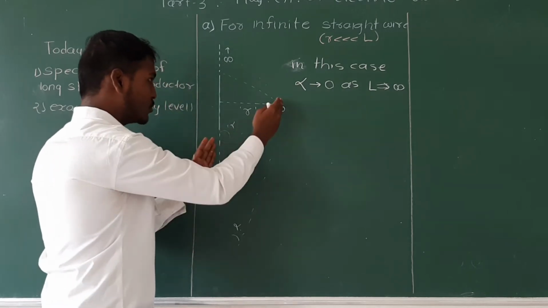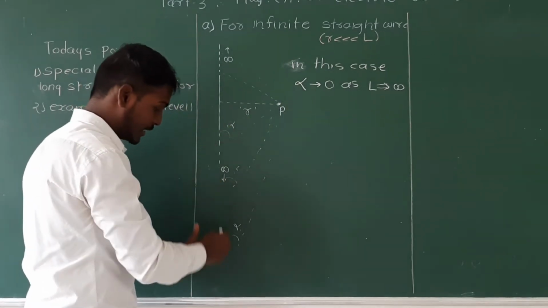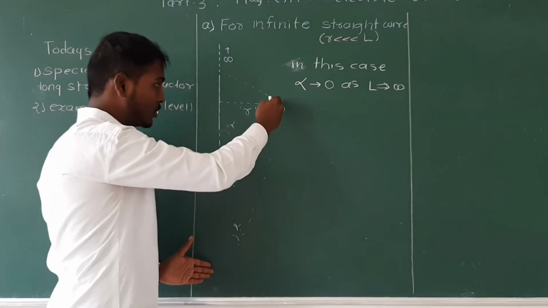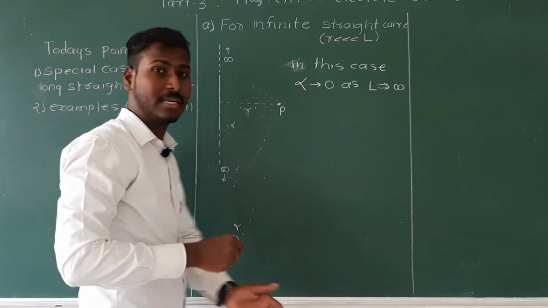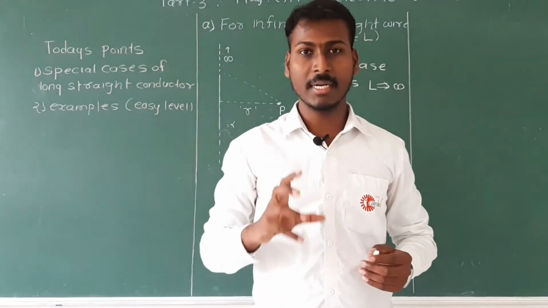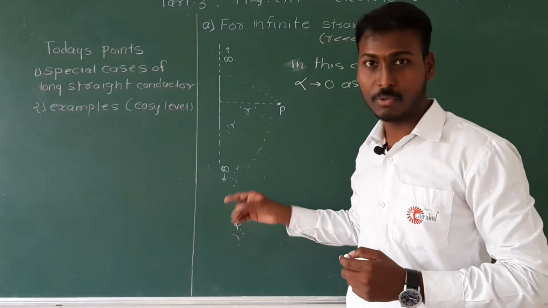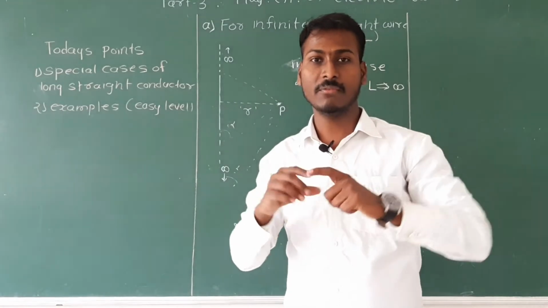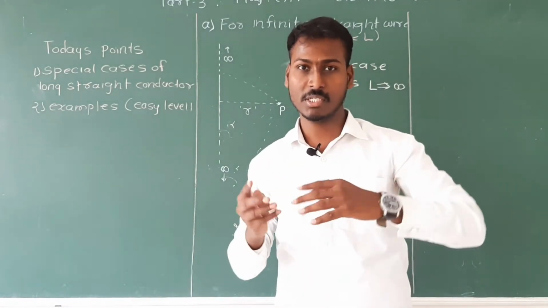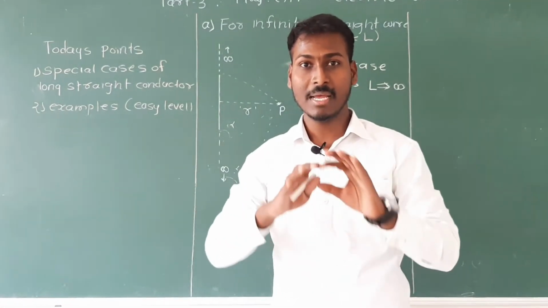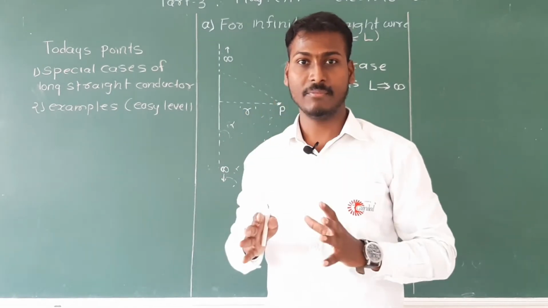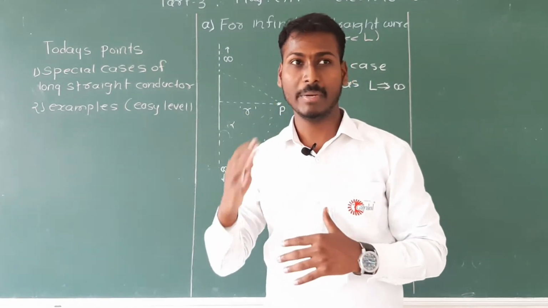So when the conductor's length goes to infinity and I draw this angle here, definitely alpha tends to 0. If you are getting any kind of confusion, just go back and revise the first expression and see the diagram where we drew alpha and where we drew beta.